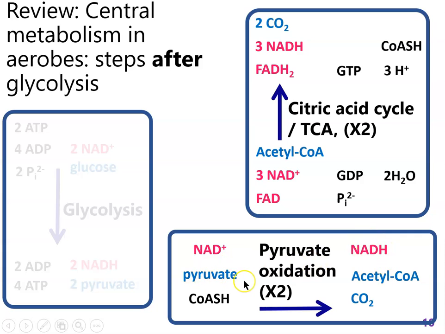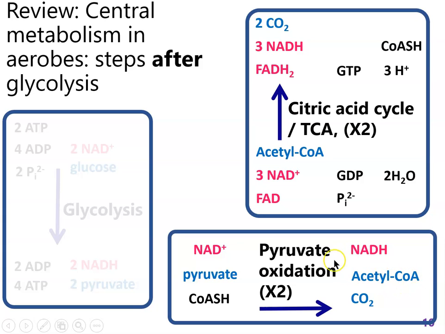So now this is carrying 2 electrons taken from pyruvate. One of the carbons from pyruvate goes to carbon dioxide. That's as oxidized as carbon can be. So if you see carbon dioxide, you know that the electrons have been taken off of that carbon, as many as can be taken off. So that carbon has been oxidized. And then acetyl-CoA is the other 2 carbons attached to a coenzyme.